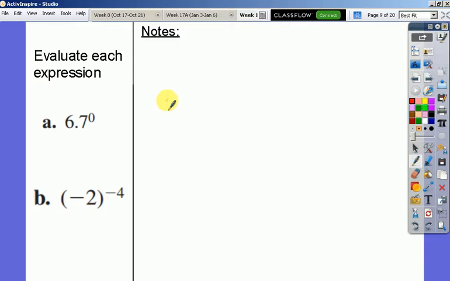So this first one we have 1. The second one, if we have parentheses, this is how we'll approach it. We want to get rid of the negative exponent first, so what will I do to get rid of that? Make it positive. I'll take it from the numerator and put it on the bottom in my denominator. So this becomes 1 divided by negative 2 to the 4th.